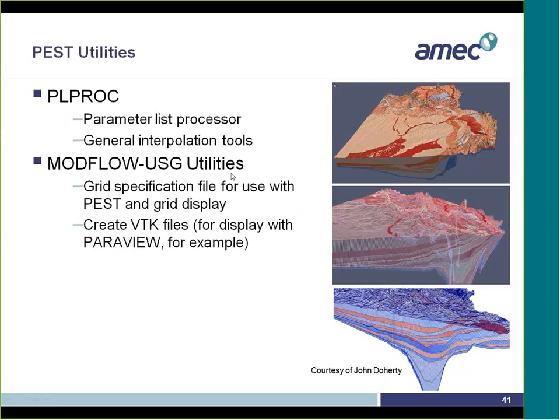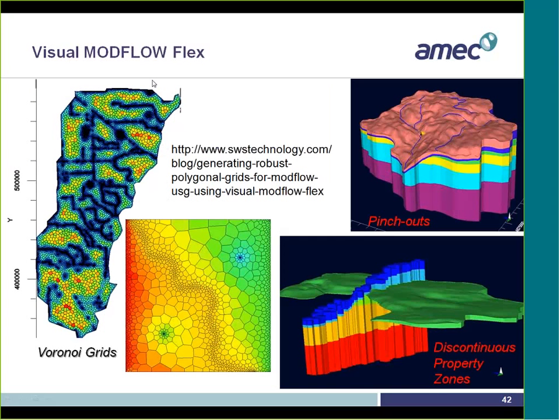The MODFLOW-USG utility is also written by John Doherty, and there's a grid specification file for use with PEST and this grid display, and that grid specification file can be converted to VTK files for view with ParaView. Then Visual MODFLOW Flex is using, as I mentioned, the Voronoi tessellations, the Voronoi grids, and they are available from their website over here.